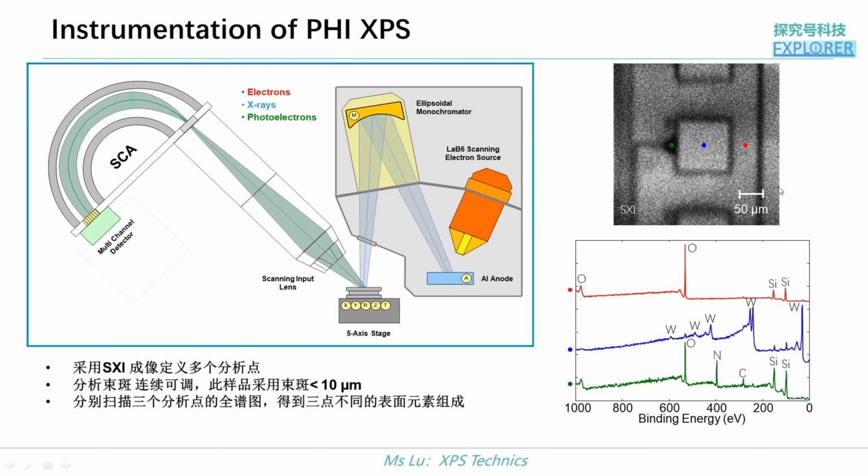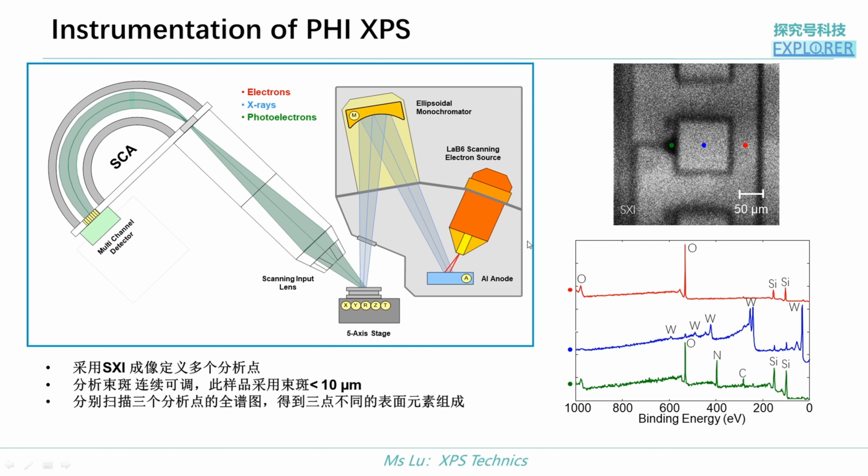On this secondary electron imaging, we can define multiple analysis points, and the beam size can be continually adjusted according to the area size. The minimum beam size can be 10 microns, and the largest is about 100 microns.